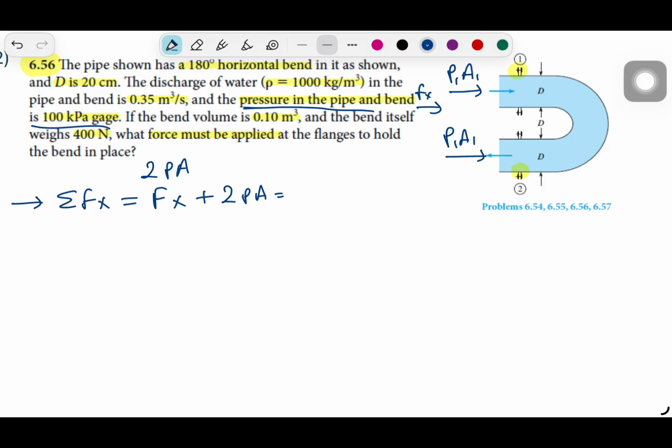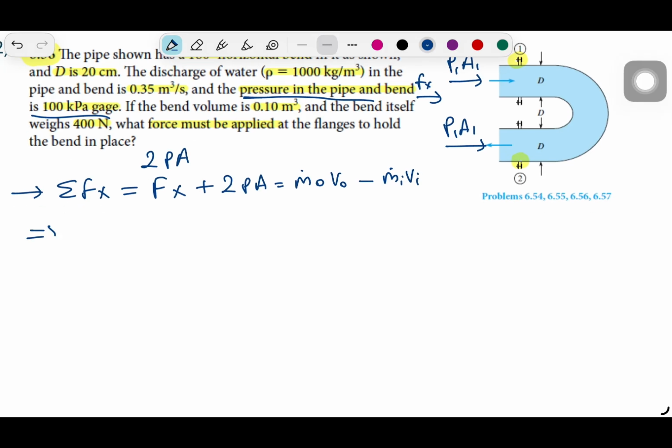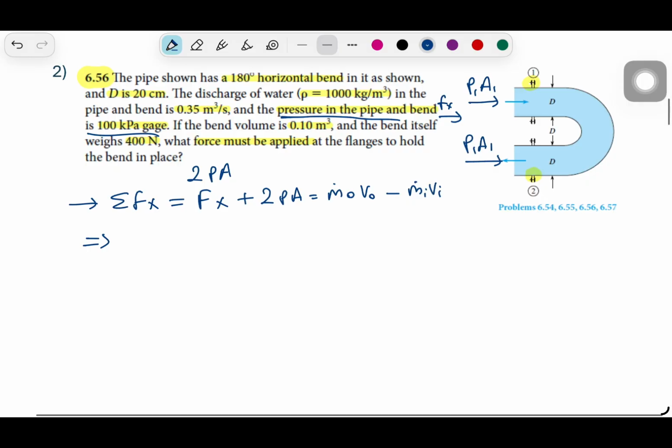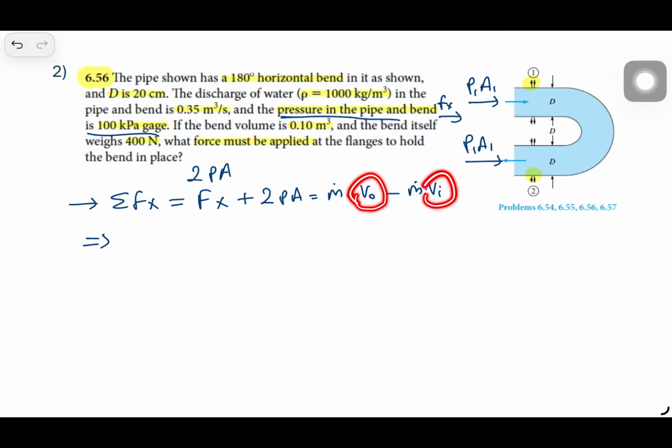This is equal to out momentum minus in. So from here, first let me find the velocity, because we are going to need to find velocity here.